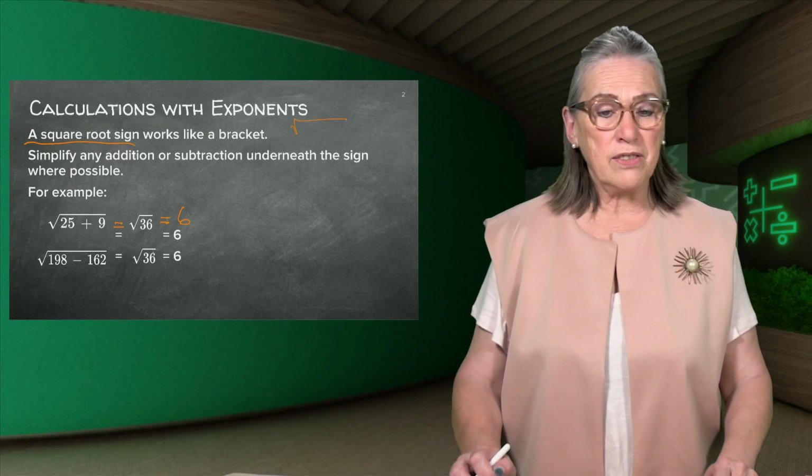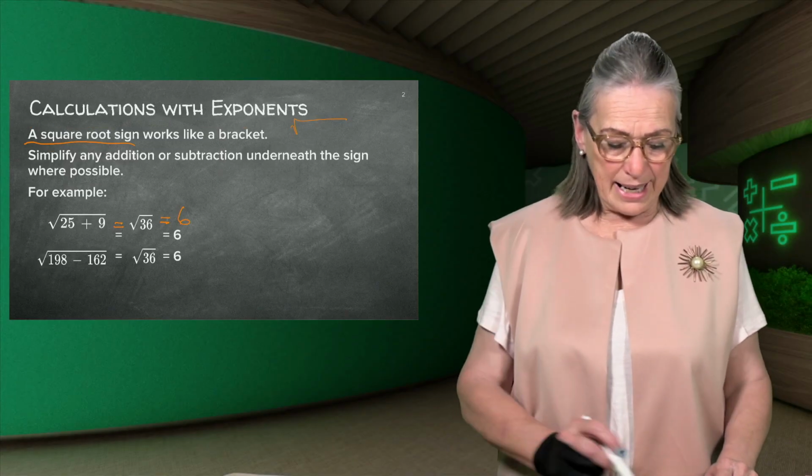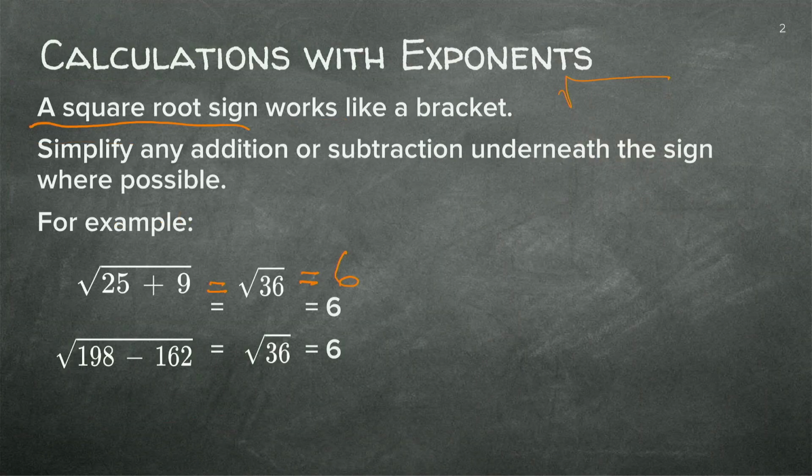So the square root of 36 is 6, right? The next example, 198 minus 162. There's our square root sign, but we're first going to simplify the addition or subtraction. So that will give us 36, and the square root of 36 is 6.